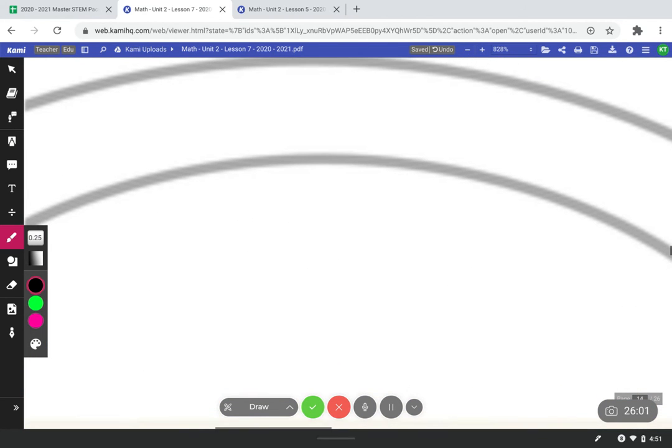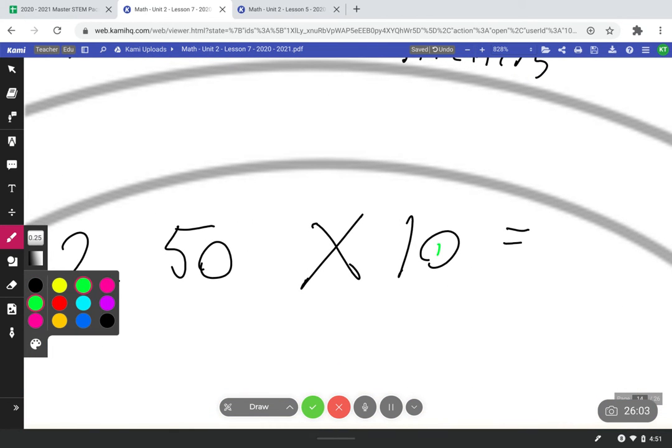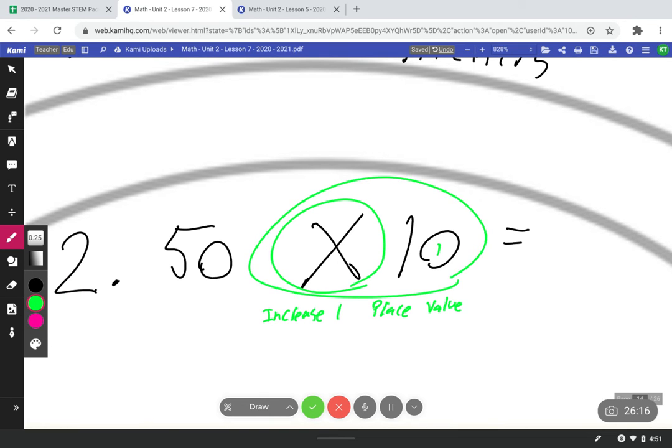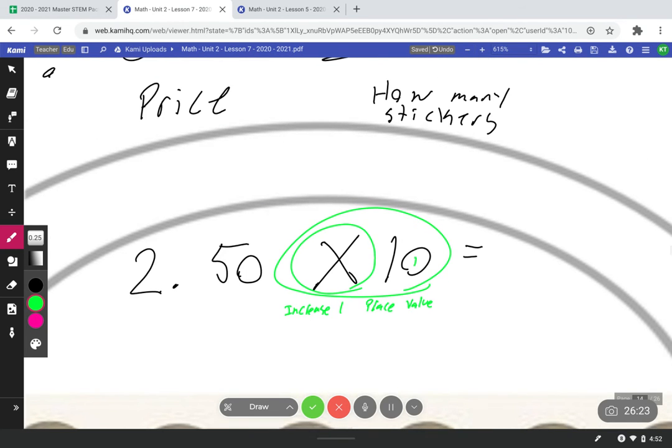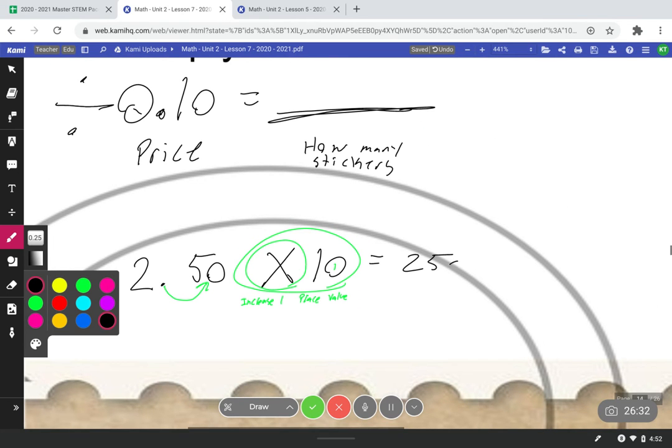So I am increasing my place value by 1. And I'm doing that because I'm multiplying by a power of 10. And there's 1 zero, so I'm increasing 1 place value. Boom. So I can buy 25 stickers.